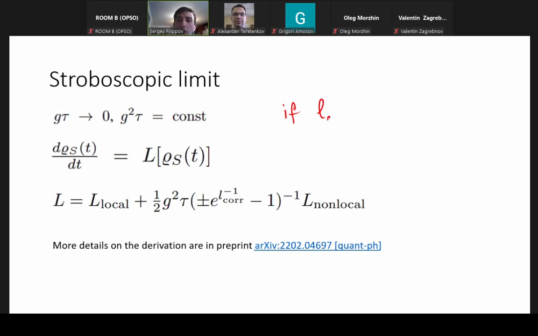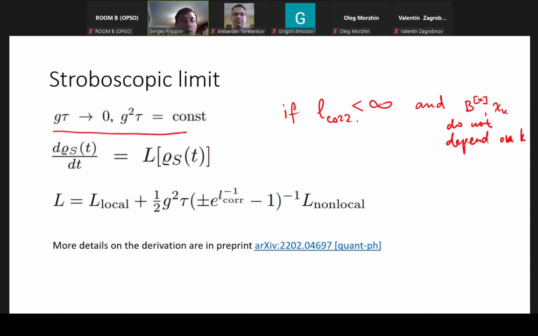If the correlation length in the environmental state is finite and the environmental state is homogeneous, so the operators b_k and k don't depend on k, then we can define the stroboscopic limit, and it reduces to semigroup dynamics of the system.